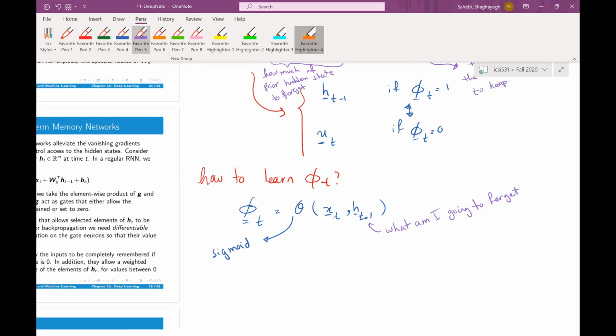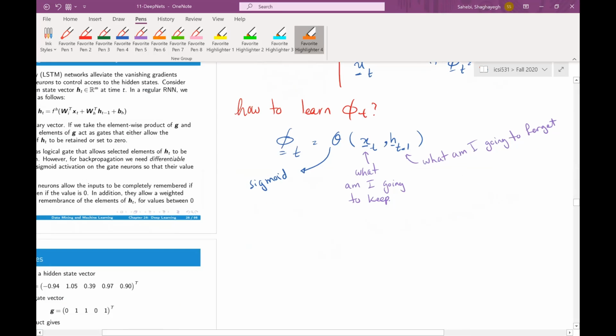So we are trying to learn about this current time and what we are going to remember or keep. So what am I going to keep? And knowing that is going to help me do it better, right? So it's going to be a function of xt and ht minus 1.